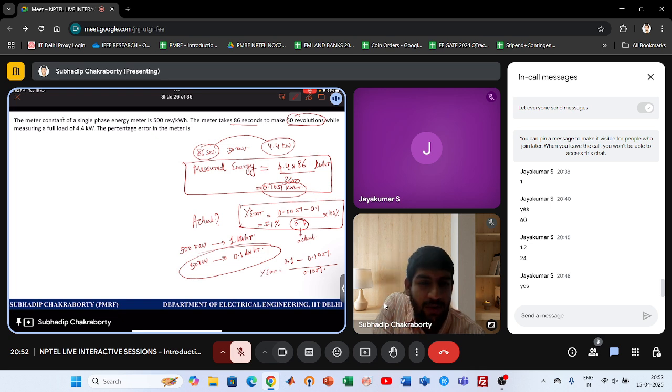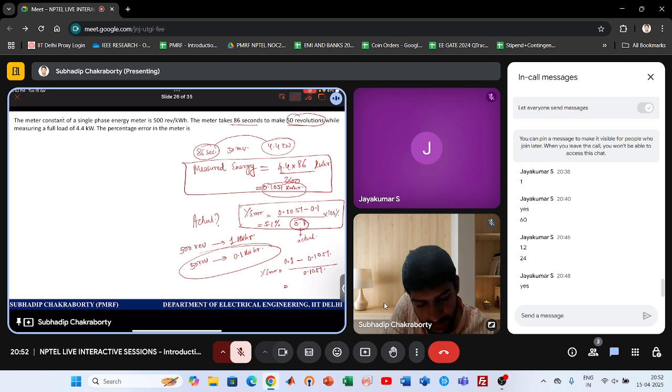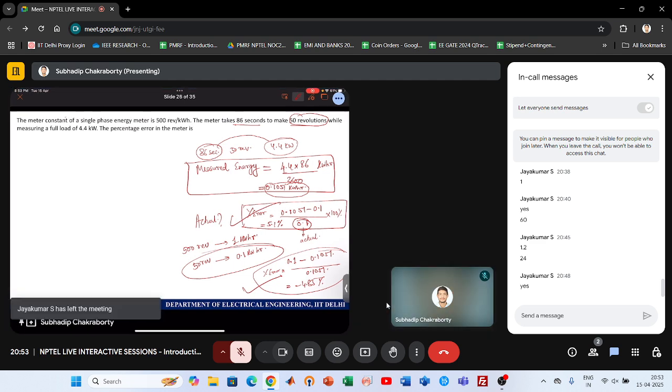It will be told how to find the error with respect to what. Then you can get minus 0.051 divided by 0.1051 into 100. Minus 4.85%. Both ways you can do. Both are correct, right? Yes.